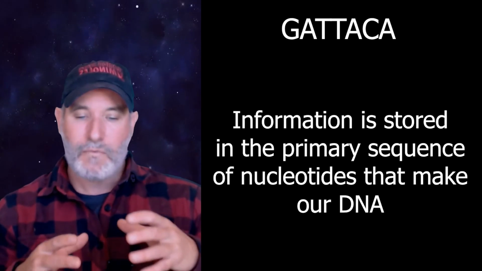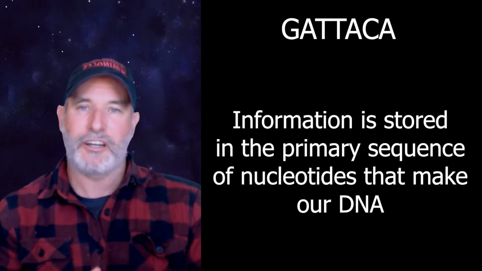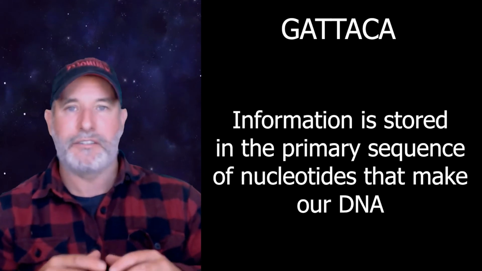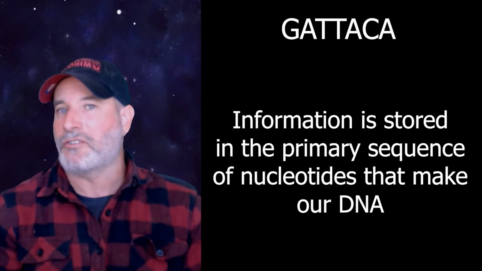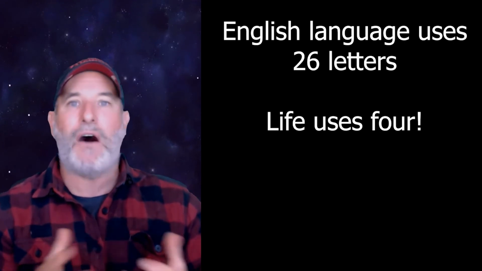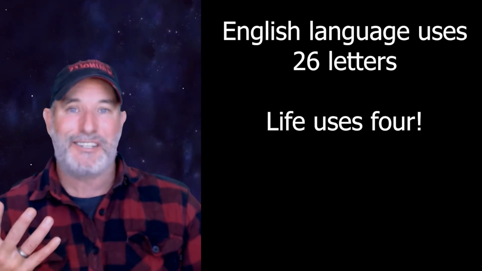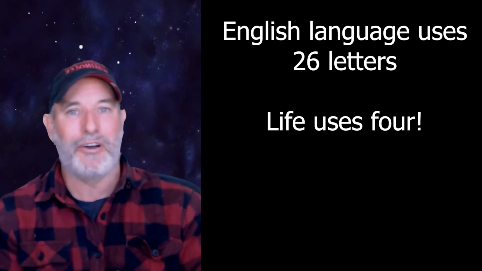At any rate, the primary structure of DNA carries that information, just like letters form words that carry information as well. It's the same thing, except remarkably, whereas the English language requires 26 letters and thousands of words, life uses 4 letters and 61 words. Actually, 64, because you've got the punctuation, which is the stop codons.